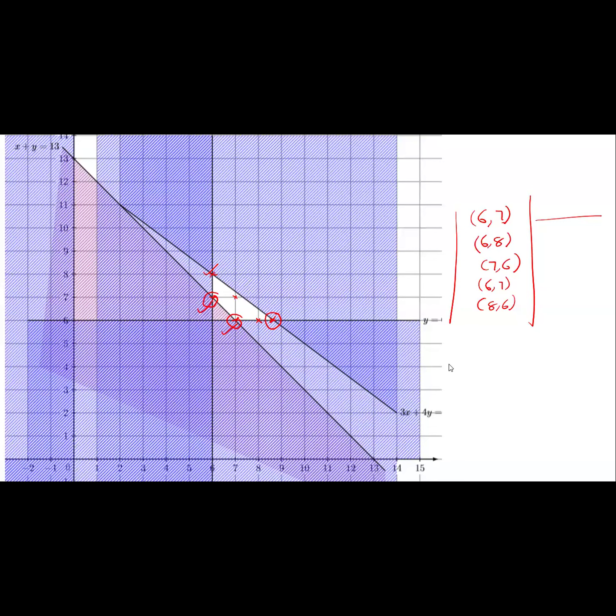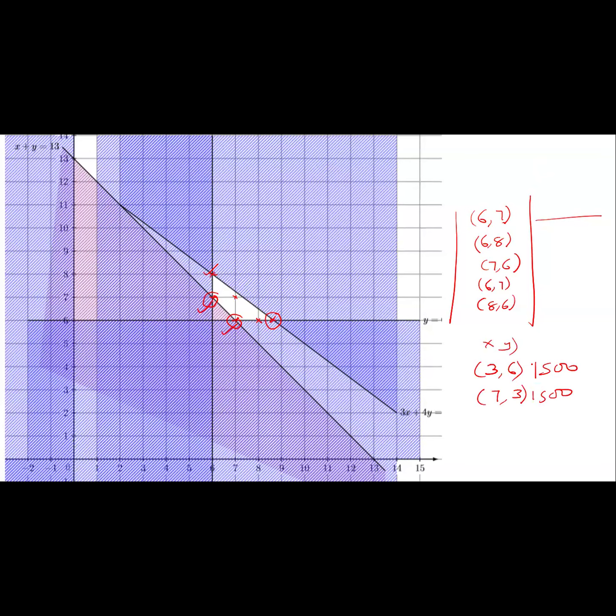But that case is a rare case. For such a case, you choose the value that fits the inequalities. Take an example: you might get two values, each giving you the same result. Let me say this is X and this is Y. One is 3 and 6, and the other is 7 and 3.